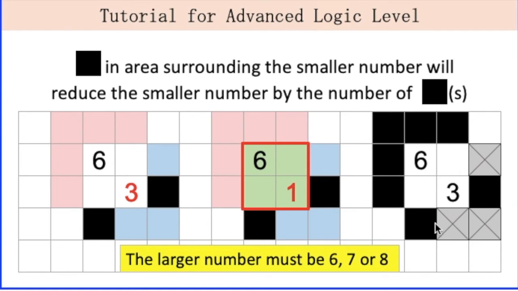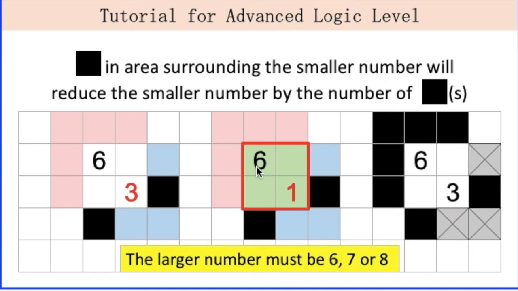So one thing to remember is that to apply this condition, the larger number must be 6, 7, or 8. Okay? 6, 7, or 8. Remember, what we're trying to do is see if after we apply all these, the difference will be 5. So why doesn't it work for numbers lower than 6?